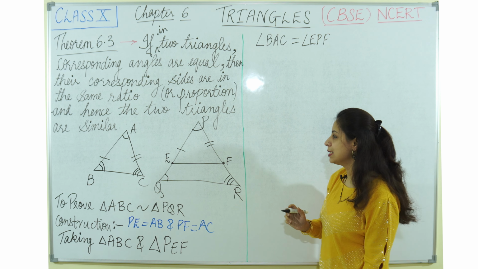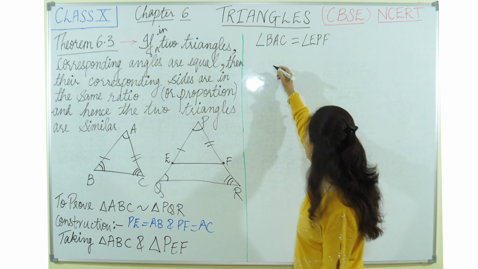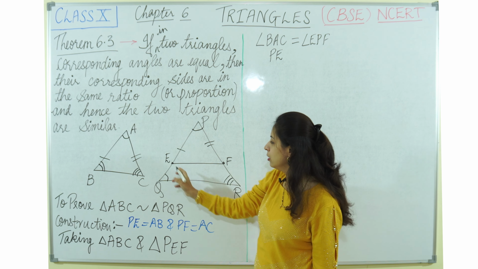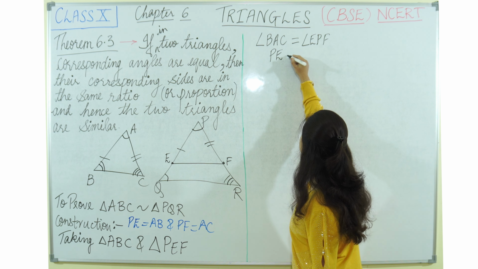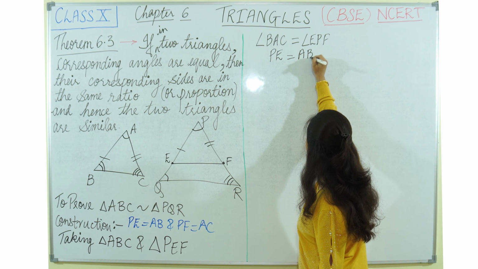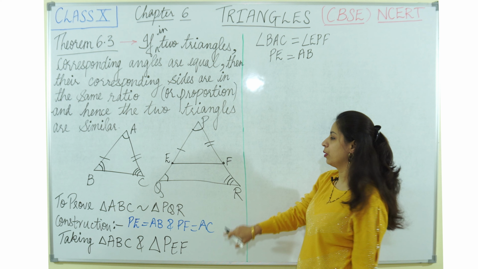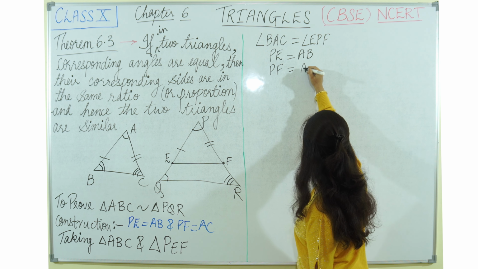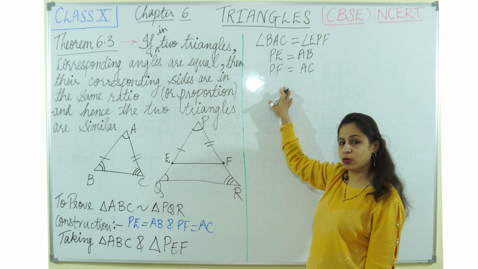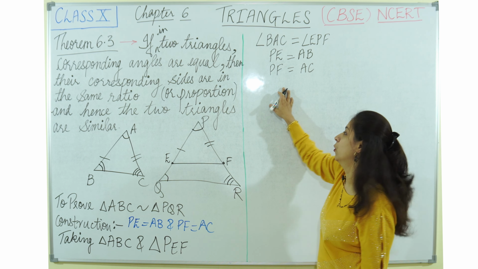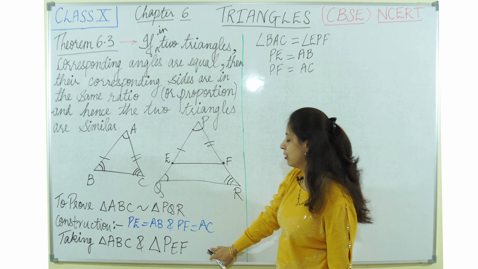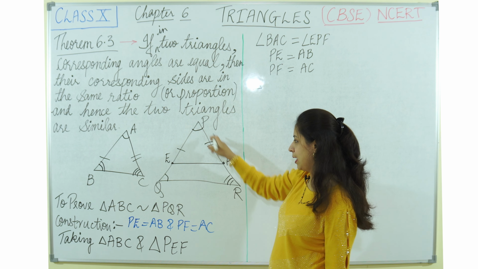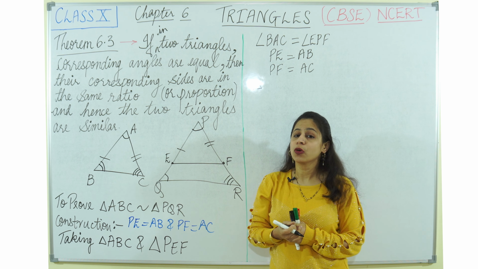Also PE is equal to AB, we have already assumed it in our construction. Also PF is equal to AC, this is also assumed earlier. So both the triangles are congruent by the criterion SAS.